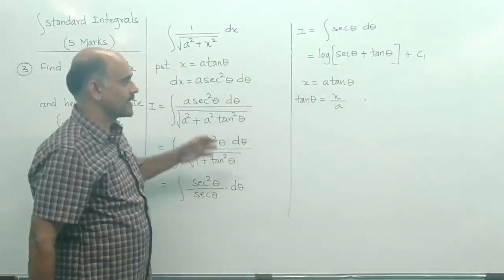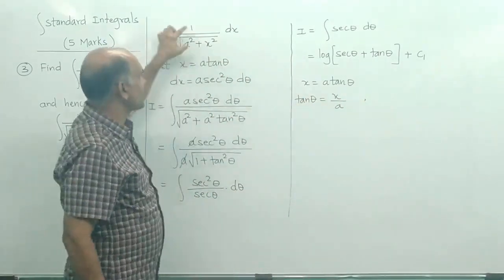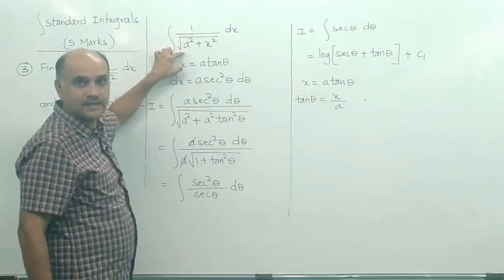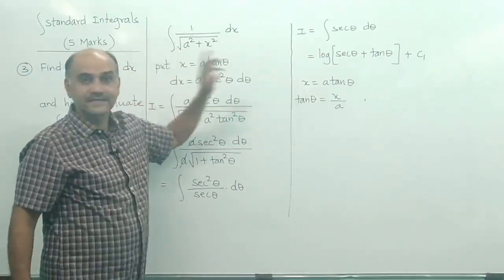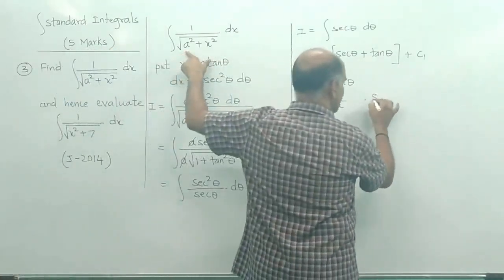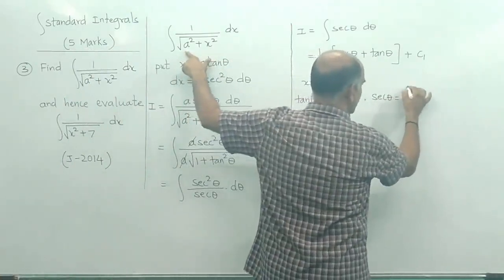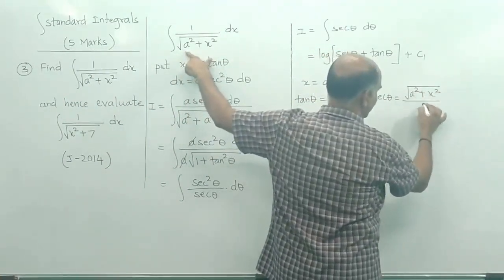Last problem I have told the hint. So tan theta is x by a, and the denominator in the problem is root of a square plus x square, which means secant theta will be this term divided by a. So secant theta will be root of a square plus x square divided by a.